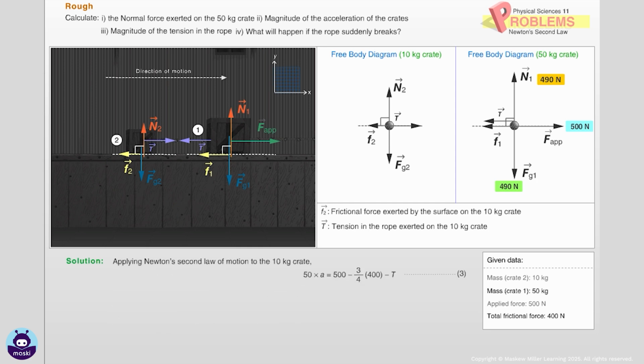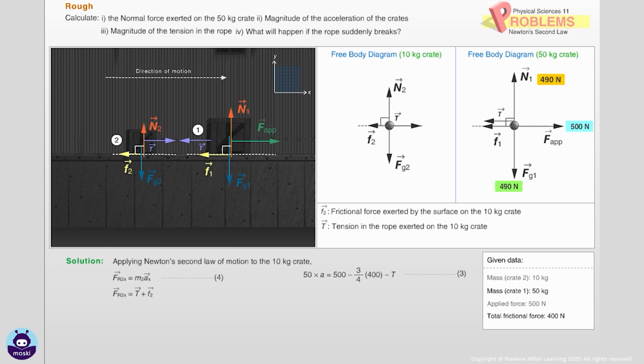We can also apply Newton's second law to the motion of the 10 kilogram crate, the second body. Vector Fr2x equals m2 vector ax. Vector Fr2x is the sum of the forces on the 10 kilogram crate along the horizontal plane. Therefore, vector Fr2x equals vector T plus vector F2.